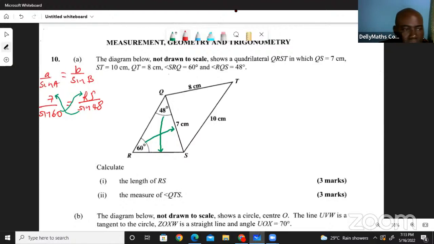So let us go for the answer now. We are saying that 7 sine 48 is equal to RS sine 60. You could see that we want to find RS, so we'll divide both sides by the sine of 60.